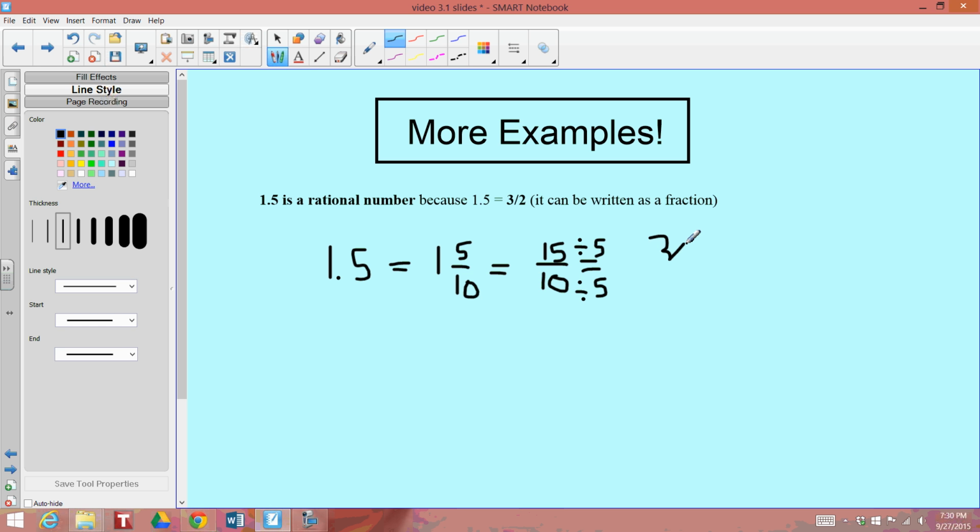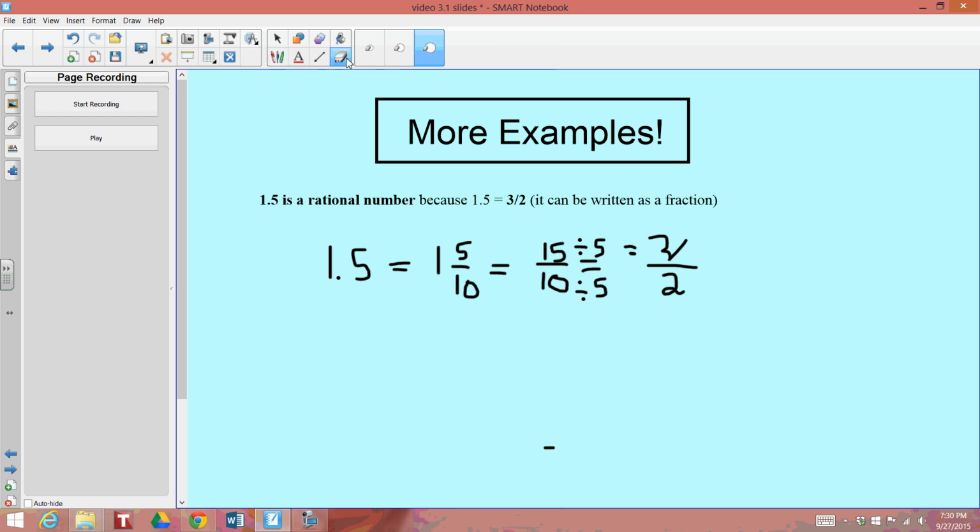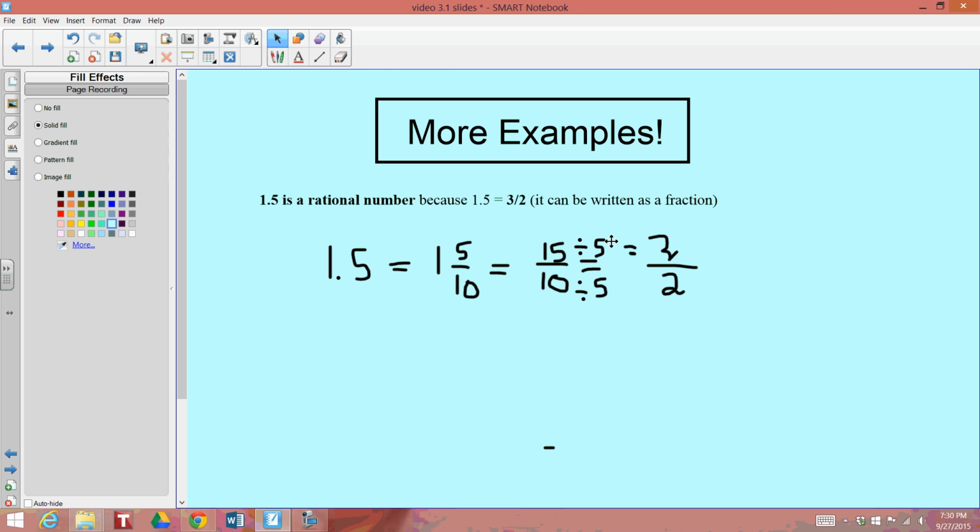So 15 divided by 5 is 3. And 10 divided by 5 is 2. So 1.5 can be written as 3 halves. And again, this is in fraction form. The numerator is an integer and the denominator is an integer. So 1.5 is a rational number.